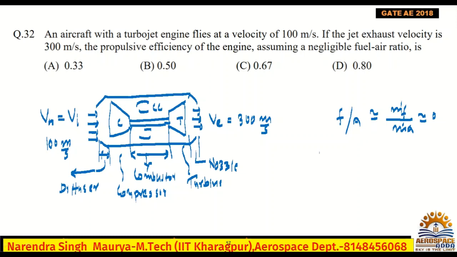Small f means fuel to air ratio, f by a, and it is negligible, meaning approximately 0. So if the fuel to air ratio is negligible, what is the propulsive efficiency?